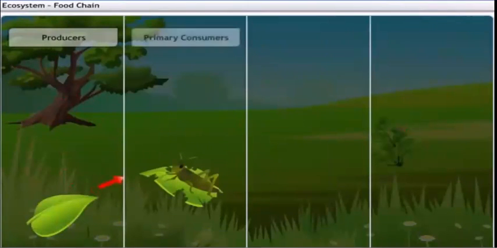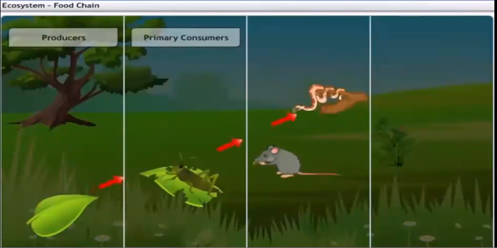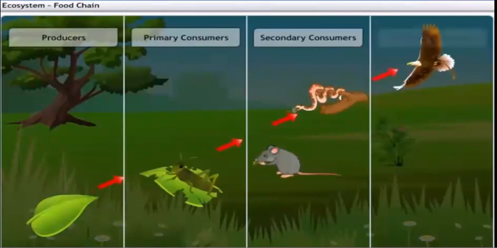The herbivores, or the primary consumers, like bees, insects, come at the second level. Small carnivores like rats, snakes, or secondary consumers come at the third level, and larger carnivores like an eagle or tertiary consumers form the fourth trophic level.